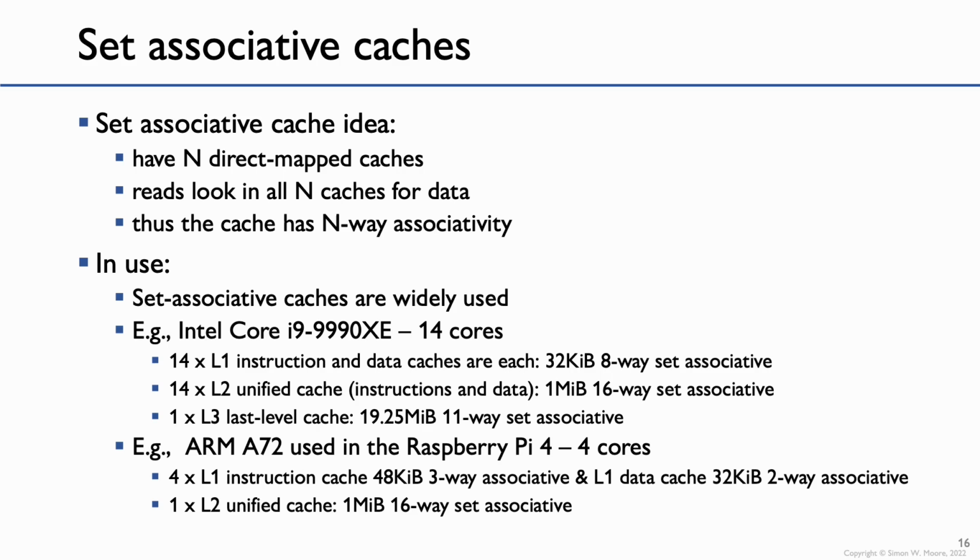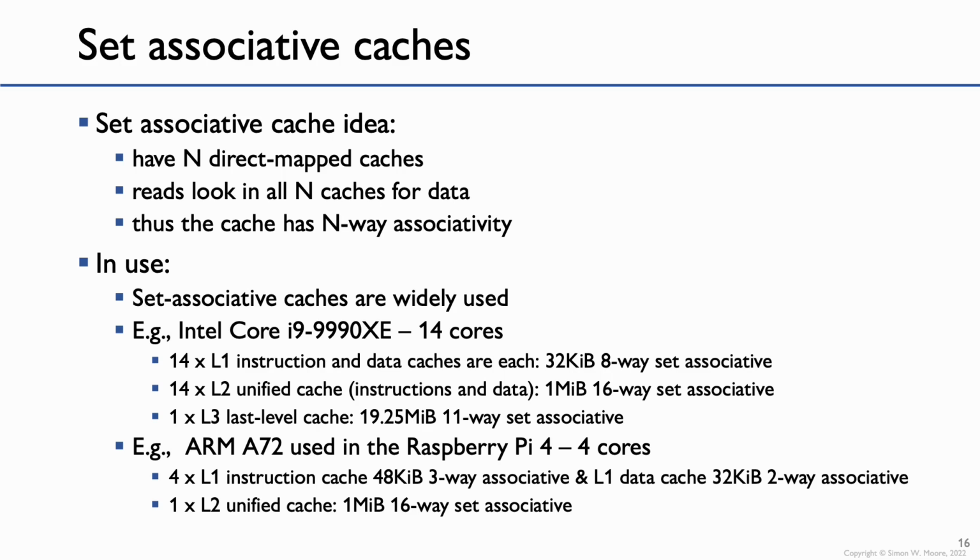Because we've got 14 L2 caches, we've got 14 megabytes of L2 in total, but distributed among all the cores. We haven't got that much more L3, but it is shared, and this is trying to exploit different access patterns, where maybe one or two of the cores happen to be accessing large data sets and hopefully the other cores are not, or where there's a lot of shared data that would be held in this large L3 cache.